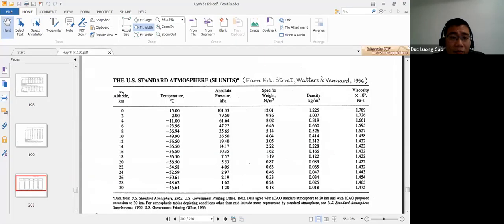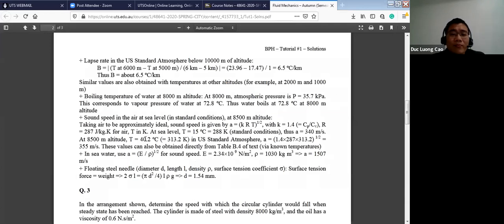Here you see altitude 8 kilometers, minus 36.94, and altitude 10 kilometers, minus 49.90, and you use interpolation to find the temperature at altitude 8.5 kilometers: minus 40.2 Celsius, not positive. This one is negative. So you will have a different sound speed here, smaller than 340 meters per second. Any questions?